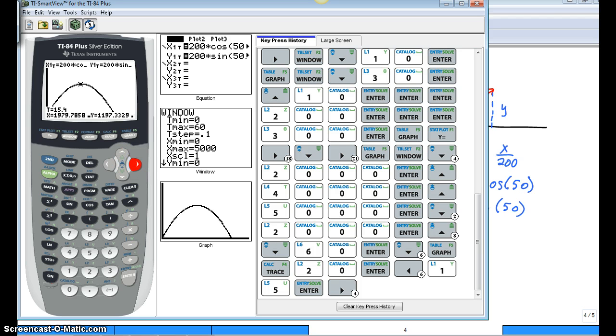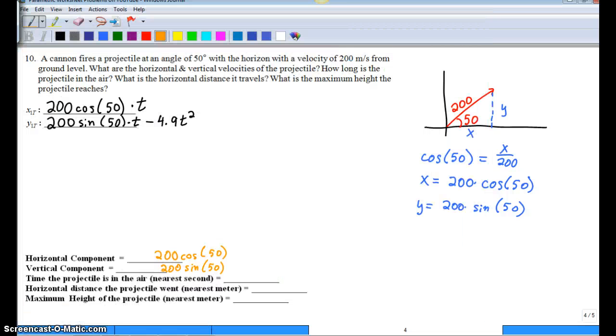So 1,187, 1,187 again. It looks like we pretty well peaked out right at 1,197. So what we need to do is maximum height to the nearest meter was, let's go back, 1,198 meters. Okay.